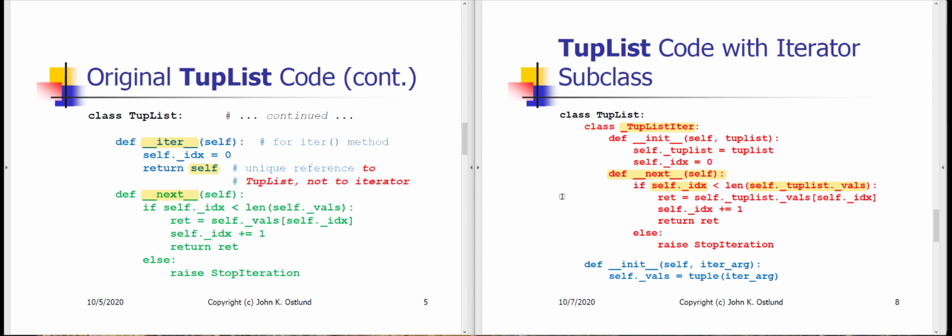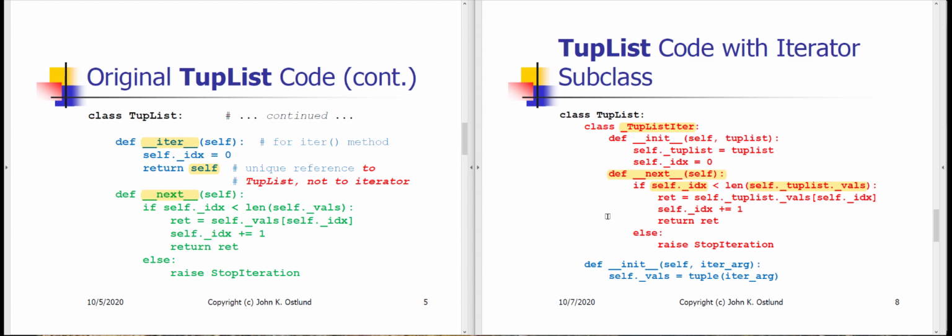Okay, so those are the, well, I don't know whether we want to count these as 2 changes. I guess we'll count them as 3 changes. The first change is that we've created a subclass for our TupList iterators. And we have had, of course, to provide a dunder init function for that class.